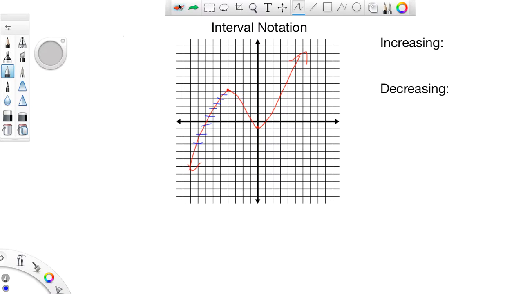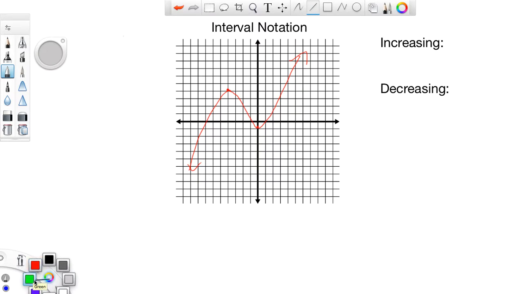So that's what it means to increase and decrease. We can see that it stops increasing here, and this is when x is equal to negative 4. And then it goes down, or is decreasing, until here, x is equal to 0.